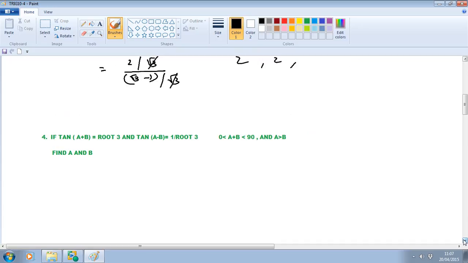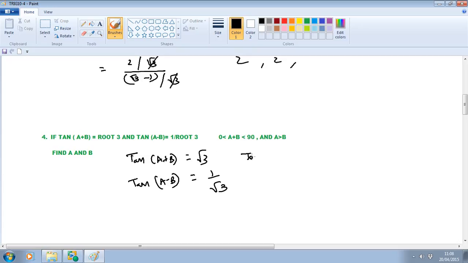The next problem. If tan (A plus B) is equal to root 3 and tan (A minus B) is equal to 1 by root 3, find the values of A and B. Given A plus B is between 0 and 90 and A is greater than B. So you look at the table: which angle has tan equal to root 3?